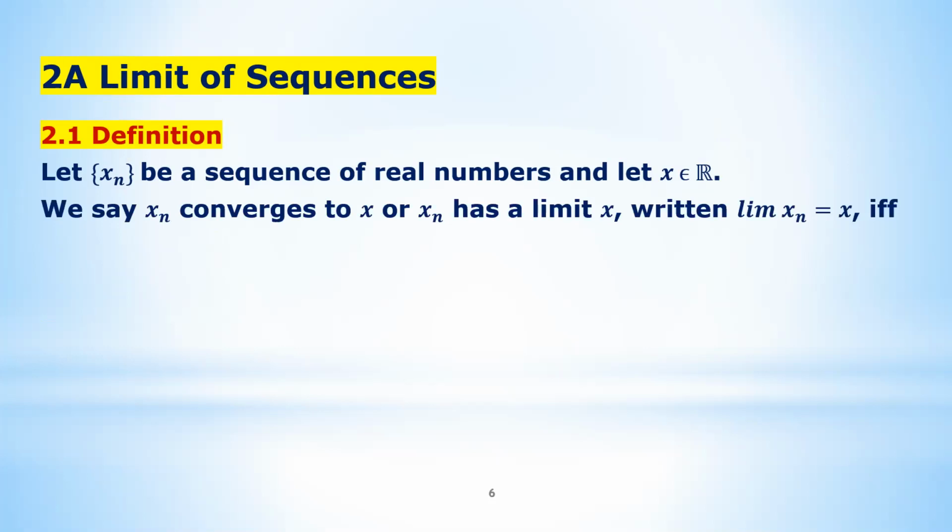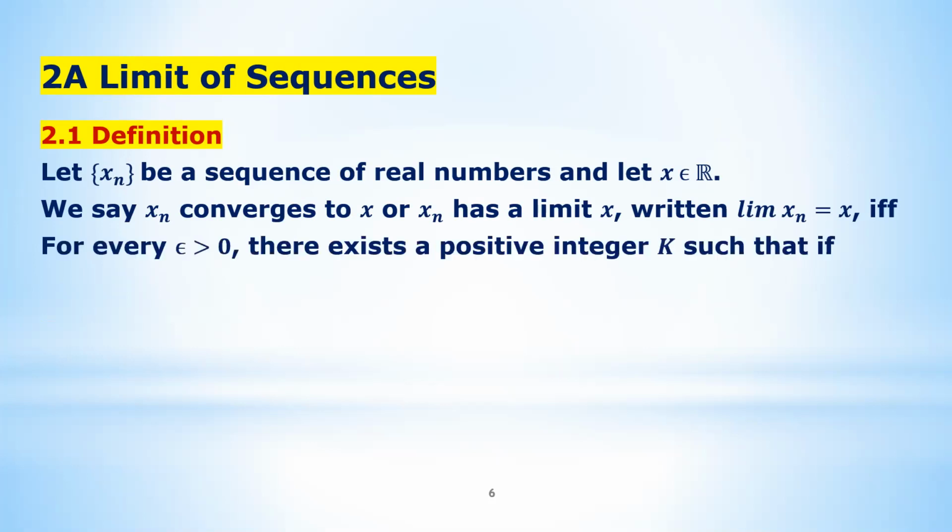We say x_n converges to x, or that x_n has a limit x, written as limit of x_n equals x, if and only if the following condition holds, written in epsilon-K language. If and only if for every epsilon, considered as a small positive number, there exists a positive integer K such that when n is greater than K, the distance |x_n minus x| is less than epsilon.